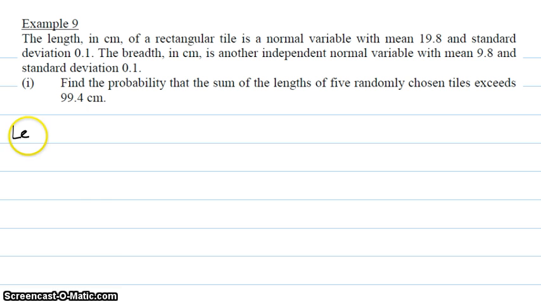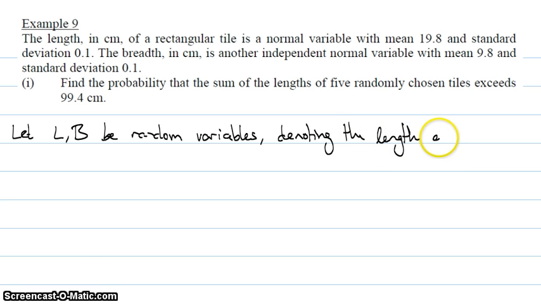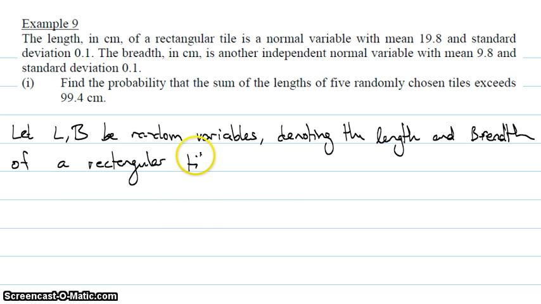So let L and B be random variables denoting the length and breadth of a rectangular tile, respectively.